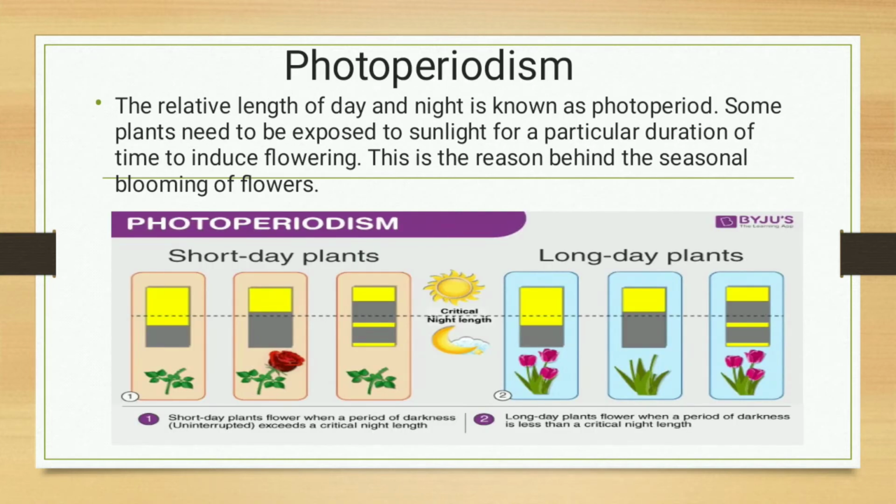So, what is photoperiodism? You can see in the diagram. The yellow color is for the light and the black color for the dark period. There are 6 diagrams, 3 diagrams for the short day plants and 3 diagrams for the long day plants.